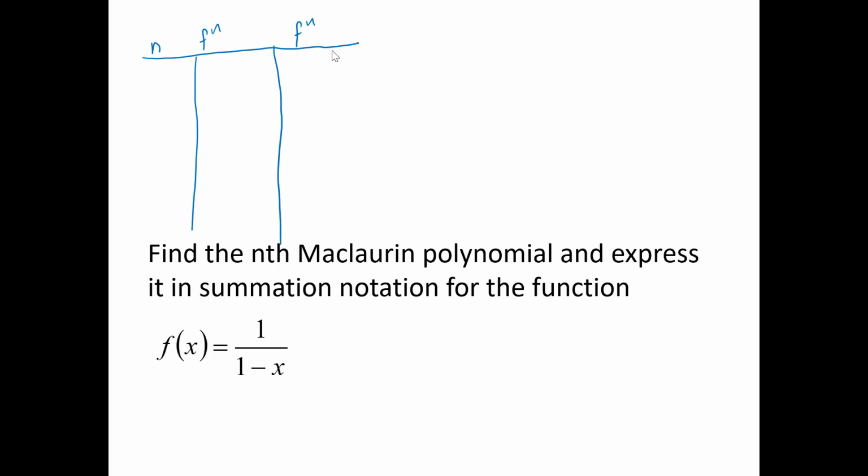Fn evaluated at 0, and then we have Cn. And so when n is 0, you have 1 minus x to the negative 1. And that will make it easier to differentiate so that I don't have to use the quotient rule. But when I plug in 0, I get 1 to the negative 1, and 1 to any power is 1, so I get 1. So my C naught is 1.